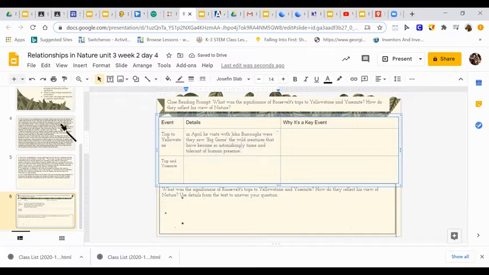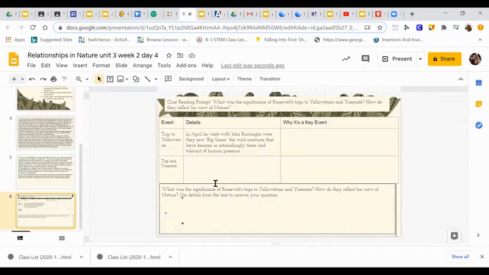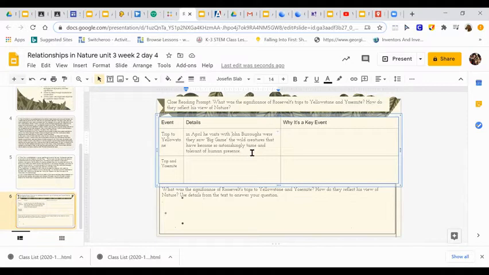Okay. And then let's see what else. It goes on to just say that John Burroughs could look at them. "I don't think, however, that he cared to see them as much as I did. The birds interested him more." So we're going to fit that in there if we can.